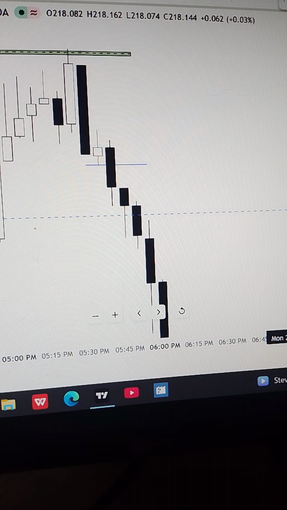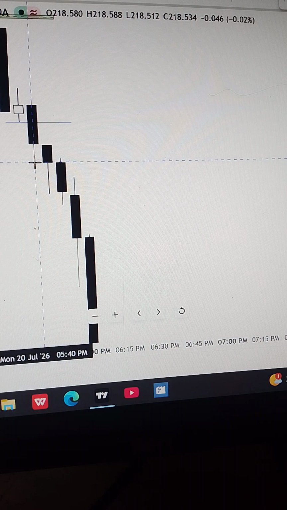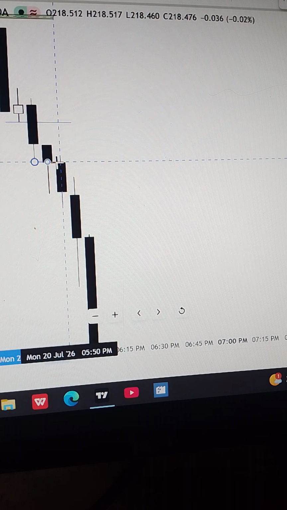After the market broke the support, what do you do? You go in full margin. You stack more positions, add more positions. You wait for the next 5-minute candlestick, this one, which closed below the support, so you add more positions.